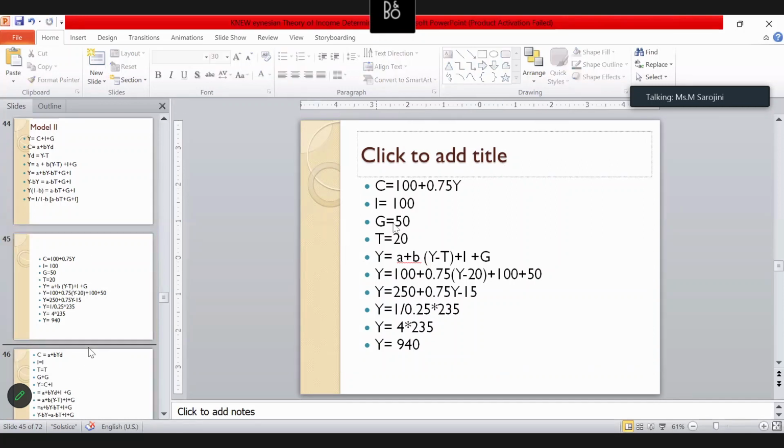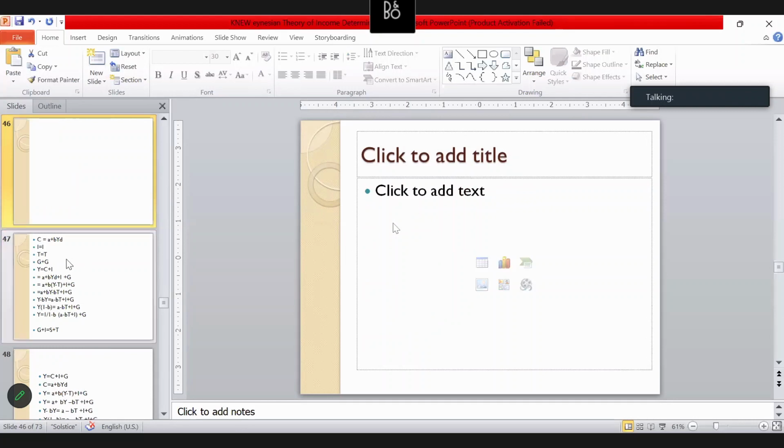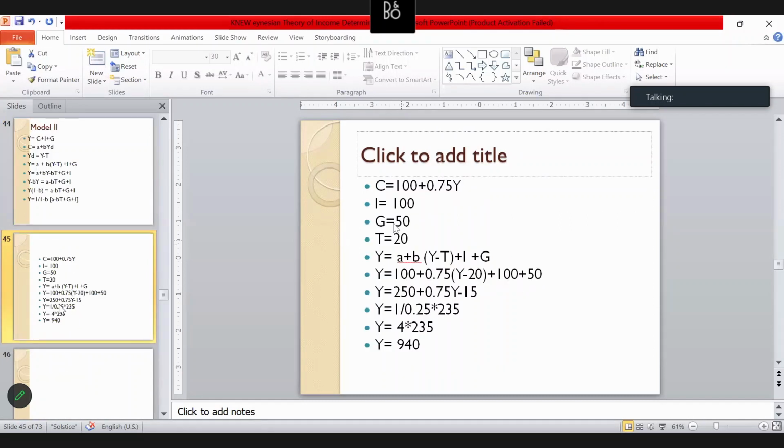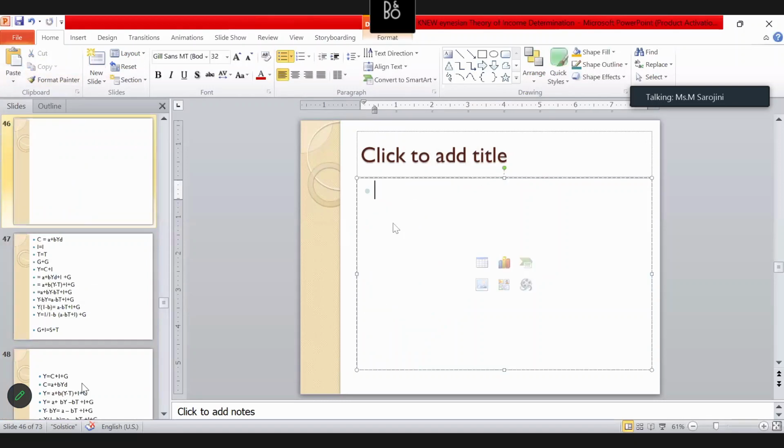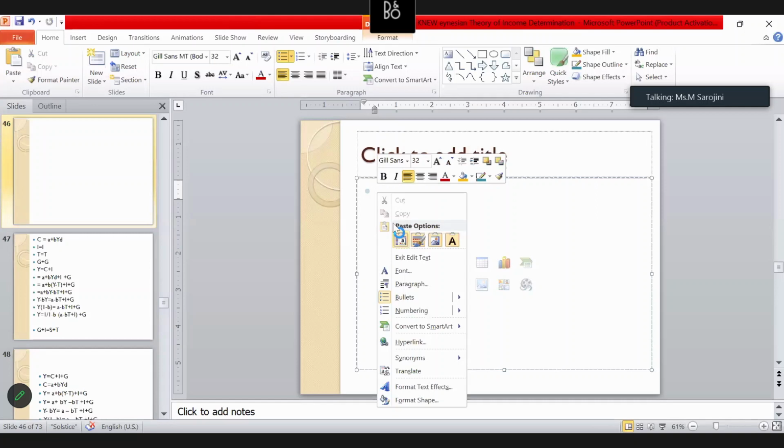This is one of the examples. Do it quickly. Wait, I changed the figures.